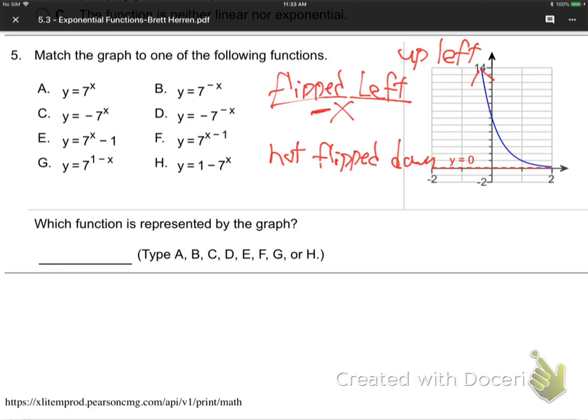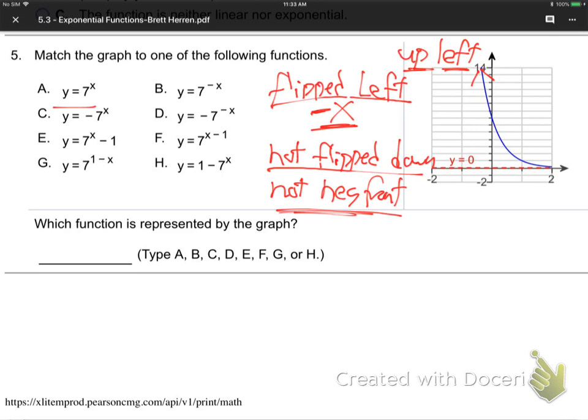To make it flip to the left, got to have a sideways effect, negative on the x. And not flipped down. What would make it flip down? Negative on the front, that's what makes things go down. So we're looking for an equation that has a negative on the x and not a negative in the front, because that would make it go down. It's not going down, it's going up and left.